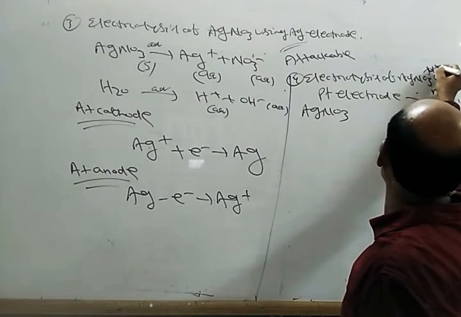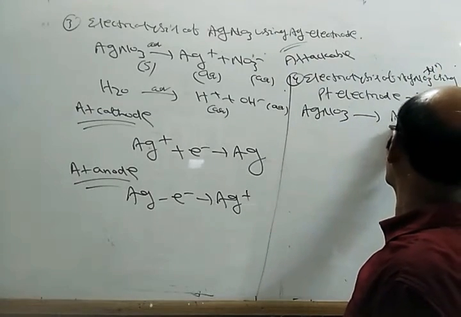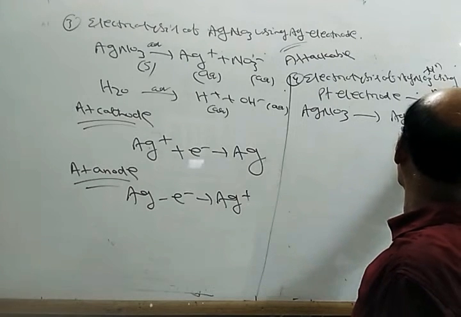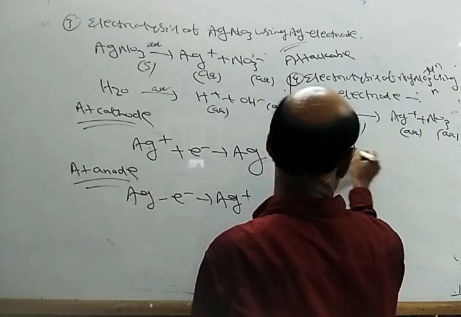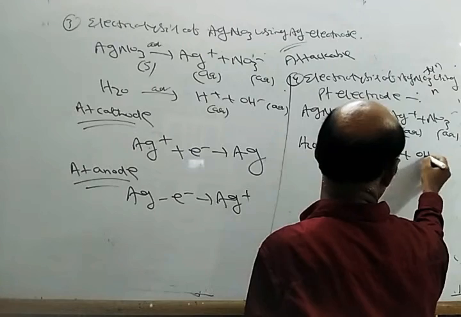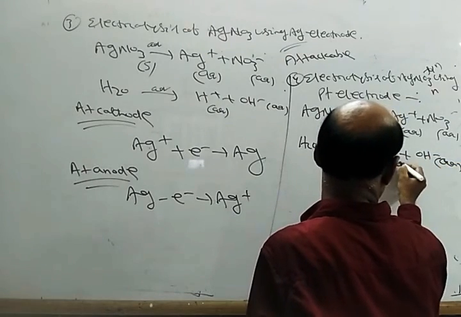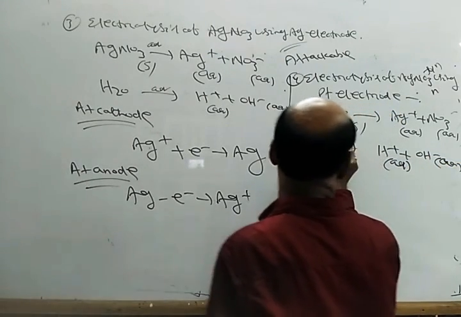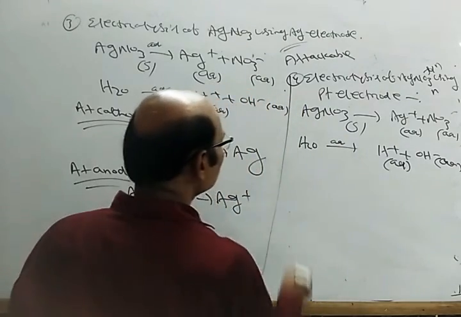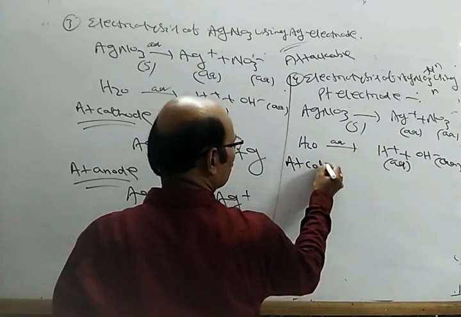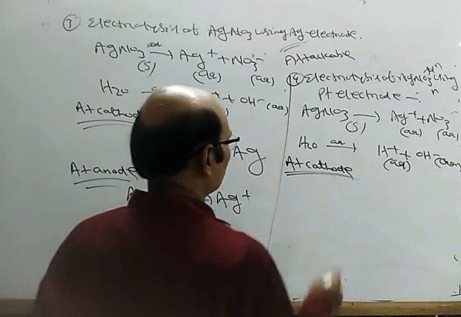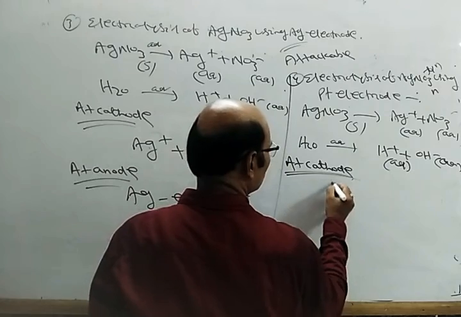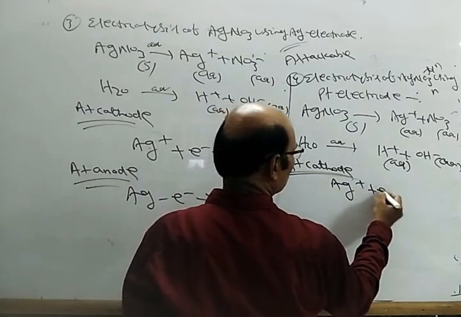In solution, AgNO3 gives Ag+ and NO3- aqueous, and H2O gives H+ plus OH- aqueous. Now at the cathode, we have Ag+ and H+, and Ag+ plus electron gives Ag.